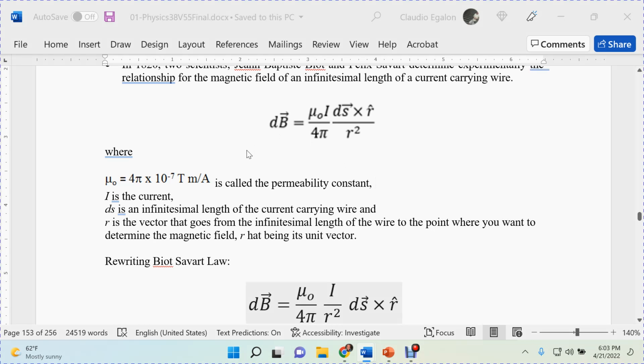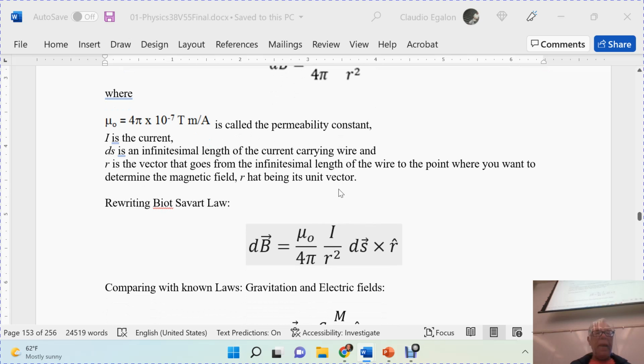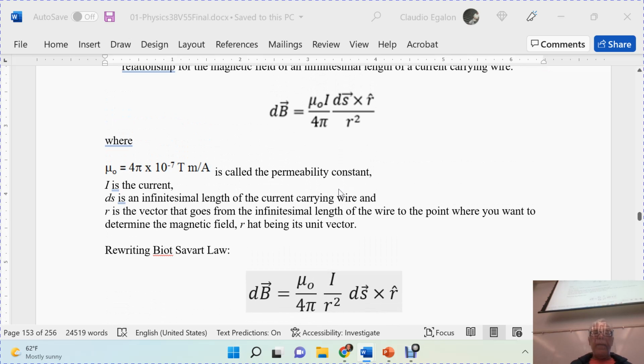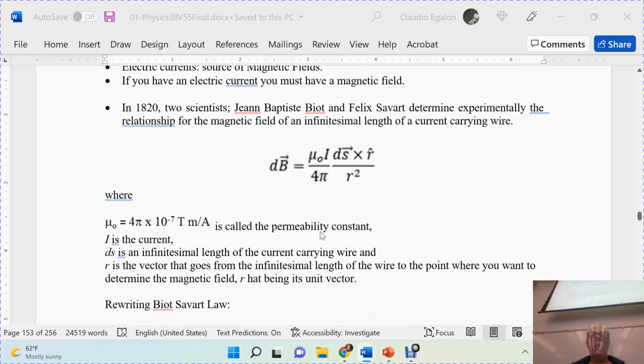Okay, we're back here, and the equation that you saw here has a constant mu naught that has a value 4 pi times 10 to the minus 7 Tesla meter per ampere, and it's called the permeability constant. Okay, and try to remember this law, memorize this law.